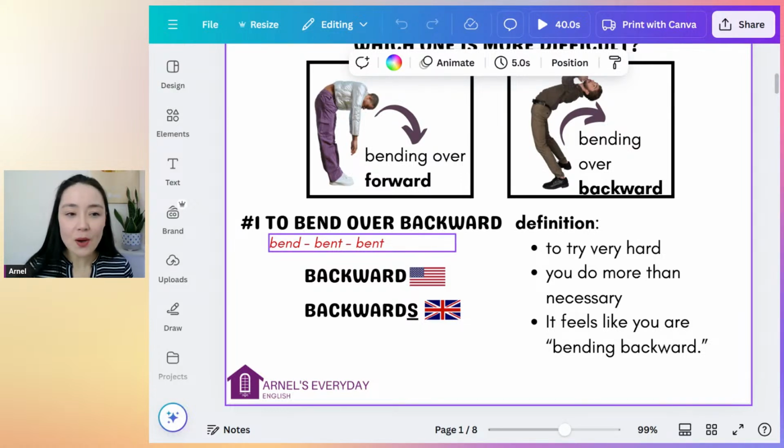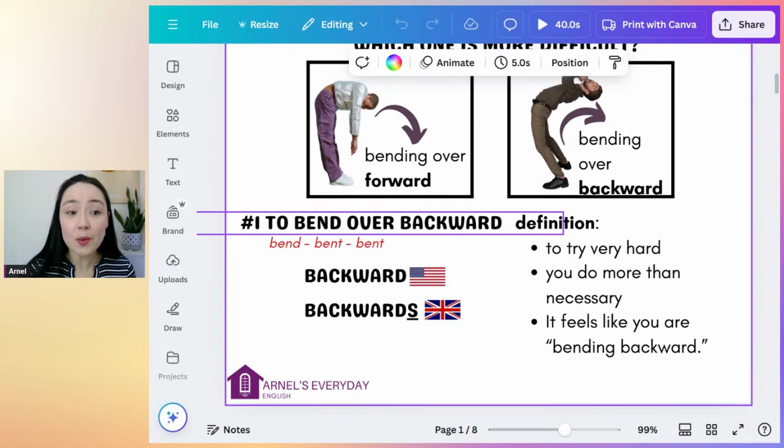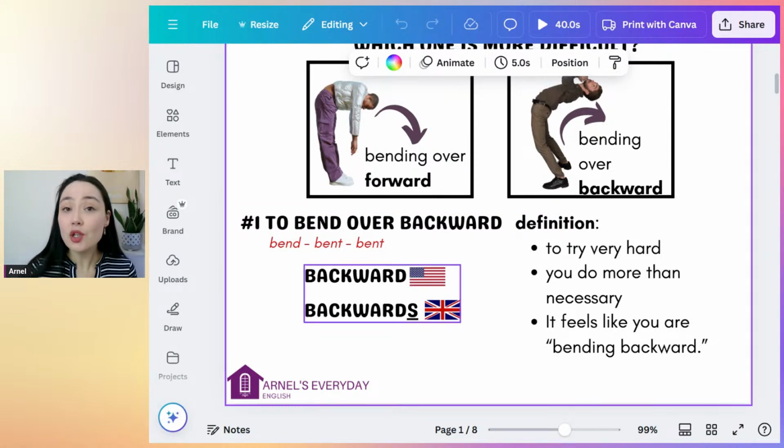And just a mini note, you can see here I wrote backward with no S. No S is more common in American English, American spelling, and with the S is more common in British English. But seriously, don't worry. Sometimes people use them interchangeably. Don't worry about that. I just wanted to show you in case you're wondering what the difference was.